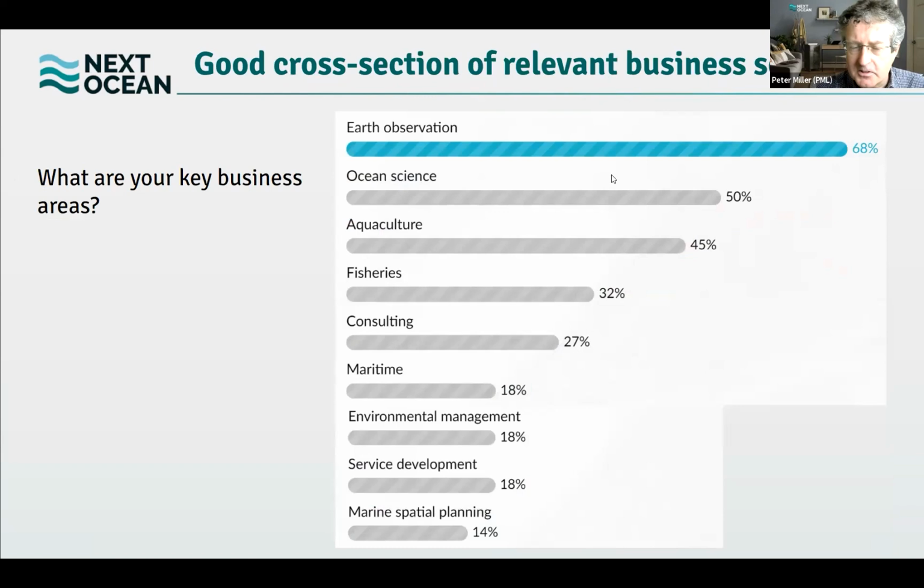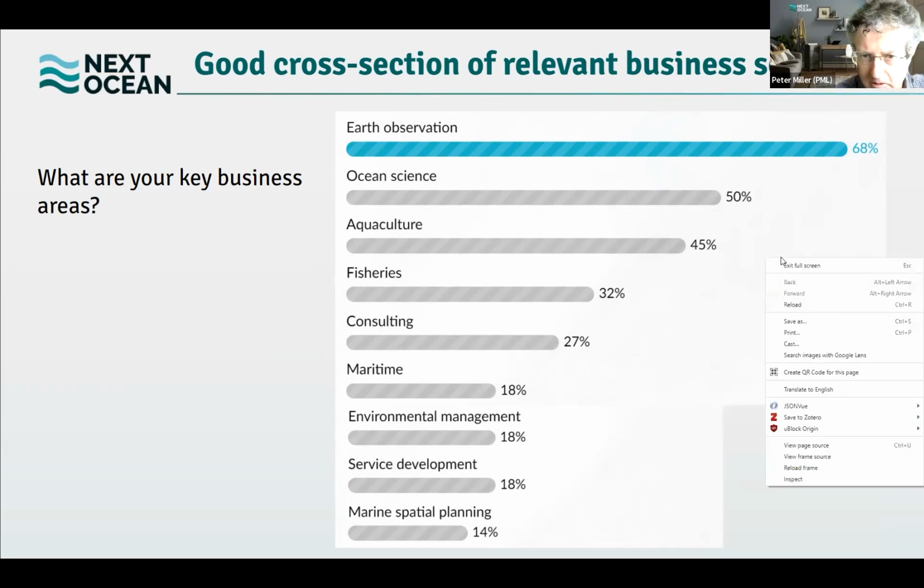And we were quite successful in getting a good cross-section of the different business sectors. We had people involved in Earth observation itself, but also in the science of oceanography. We also had companies involved in aquaculture and fishing, consulting companies, maritime, environmental management, service development, and even spatial planning. So these were exactly the target users that we wanted to reach out to.